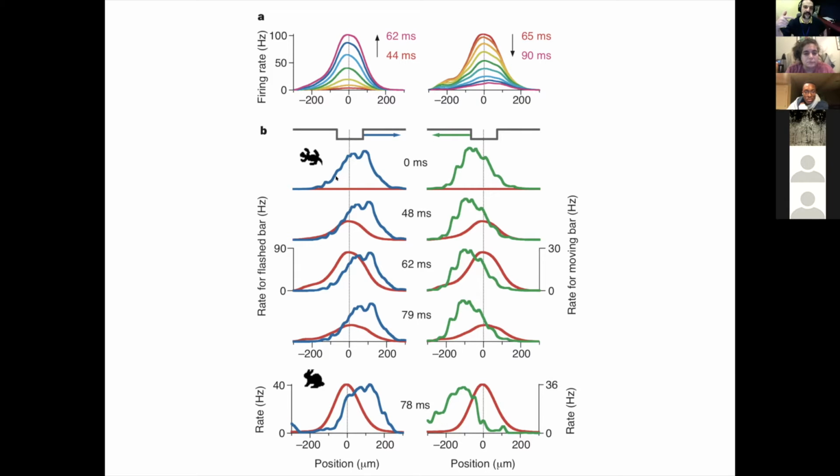The population response of retinal ganglions shifts left or right. If you don't have any moving bar, it's a symmetric response. So it's a receptive field: you go out of it, this response dies off. But when you move something across it, the activity pattern changes. The neurons that are ahead of the traveling wave fire up faster.